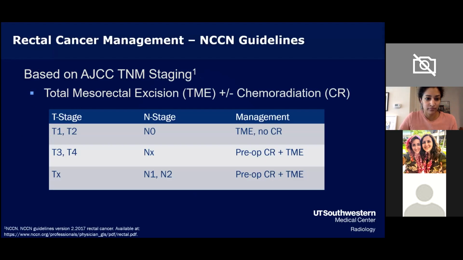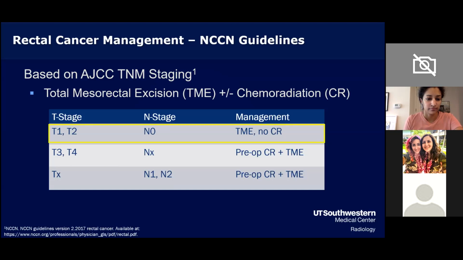So rectal cancer management is based very much on the local stage of the tumor. And what do I mean by that? Well, the two real management strategies include the excision, which is total mesorectal excision, plus or minus chemoradiation, depending on the local stage.